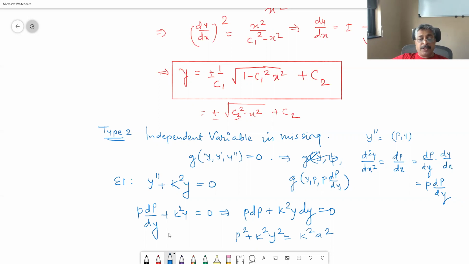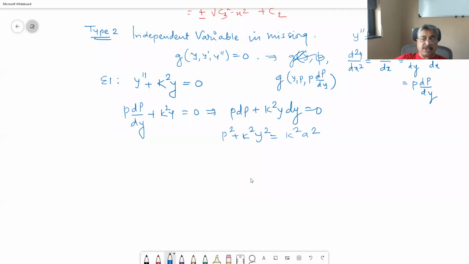I don't know why it is like that, but then it should make some sense, and therefore p square is equal to k square a square minus k square y square.